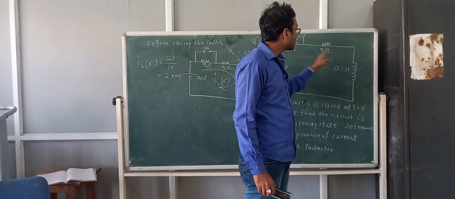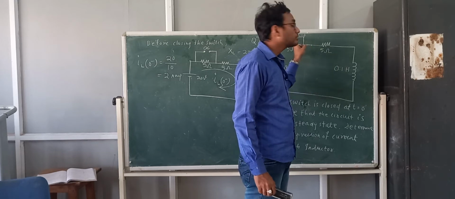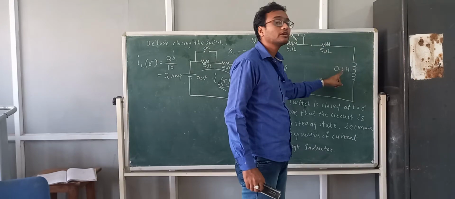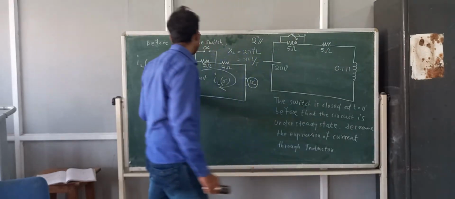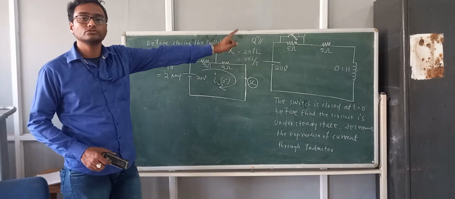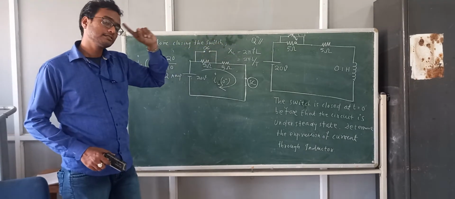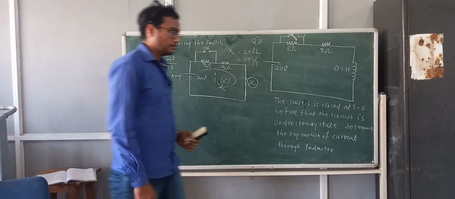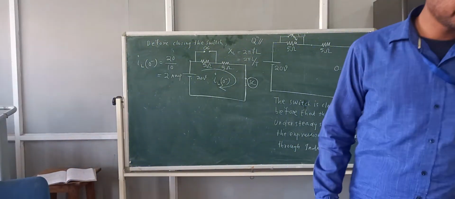Whatever current is flowing through this circuit just before the closing of the switch is the initial current flowing through the inductor, before the switch is closed at t equals 0. This you have to determine first. This is very important.